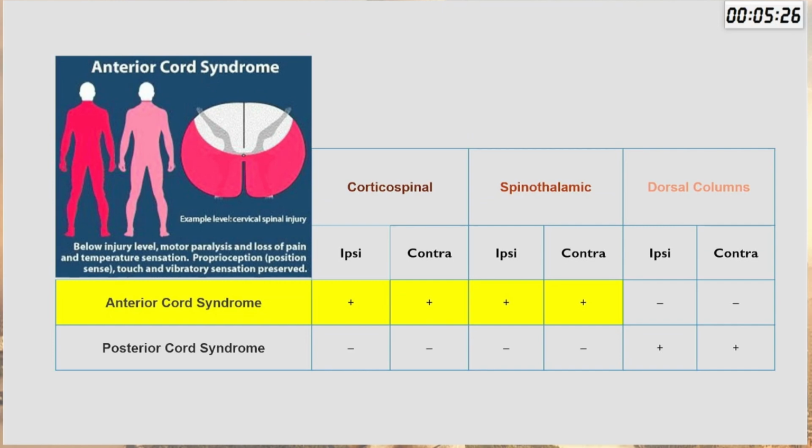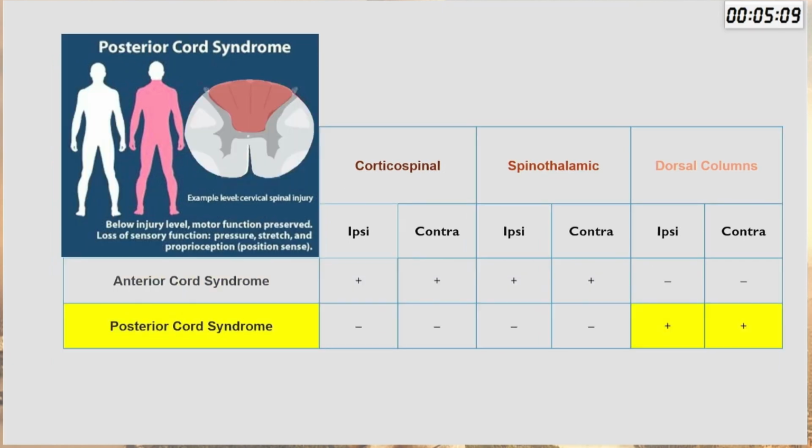With respect to the anterior cord syndrome, which affects the anterior two thirds and usually occurs with perfusion problems, the affection will be just bilateral affection of the corticospinal tract and the spinothalamic tract. The dorsal column syndrome, we will have just affection of the dorsal tracts, the cuneate and gracile.